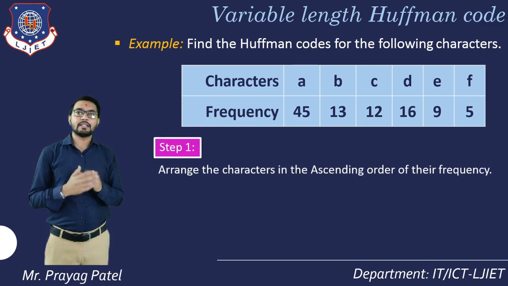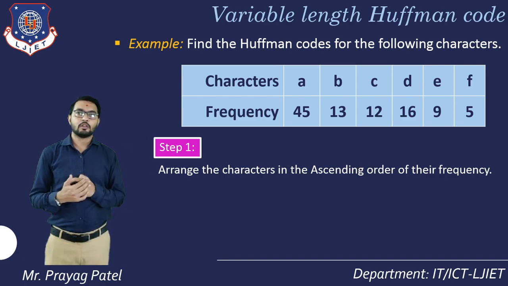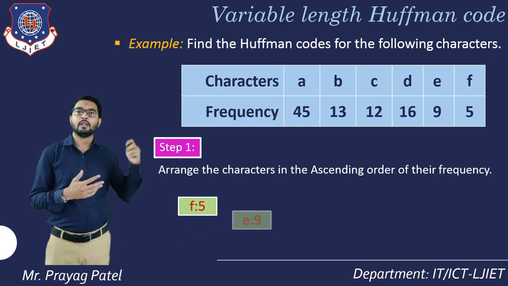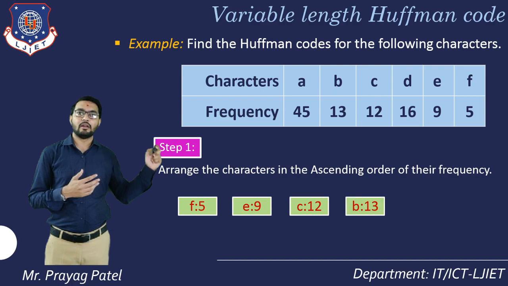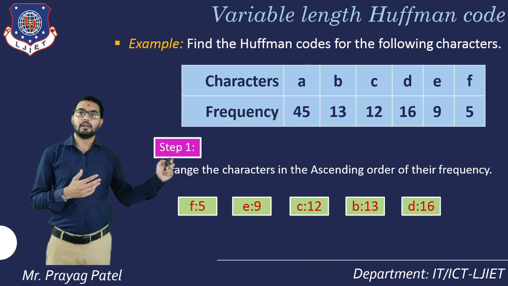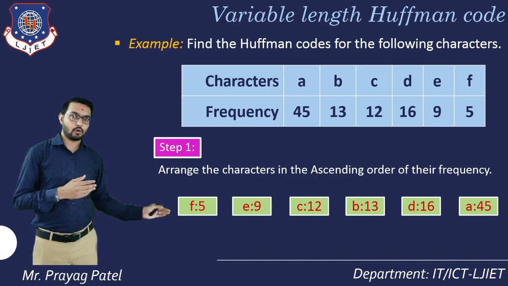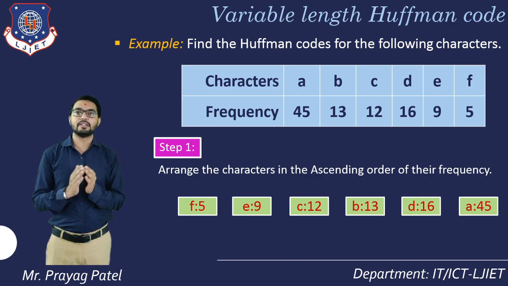Step 1: arrange the characters in ascending order of their frequency. We already arranged them in our previous example. The first minimum frequency is F5, then E9, then C12, then B13, then D16, then A45. This order is the ascending order of their frequency.